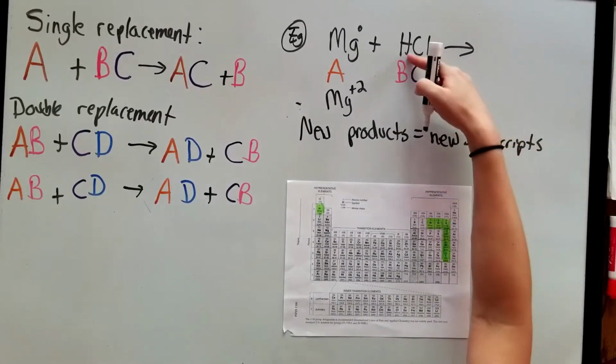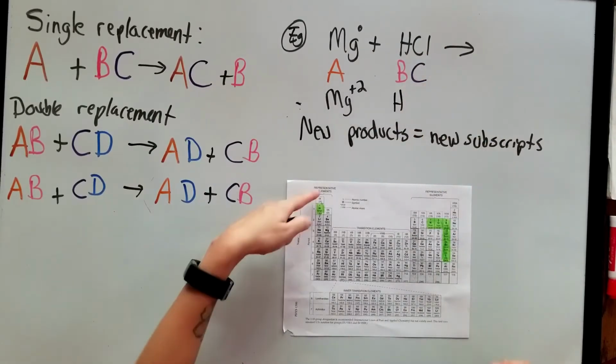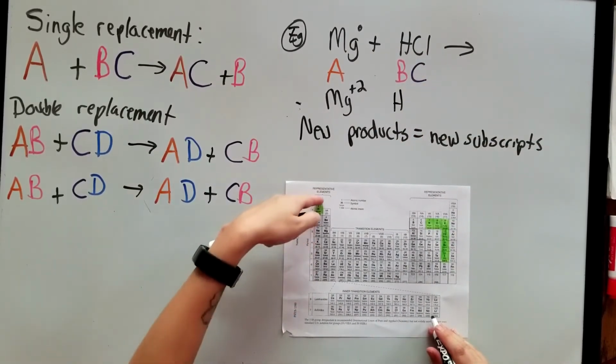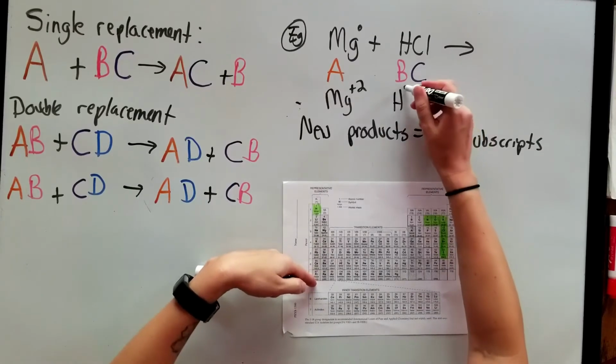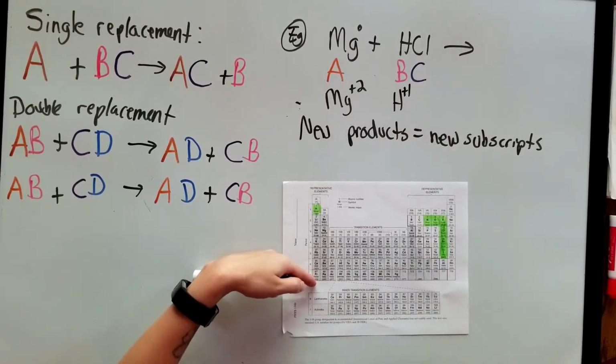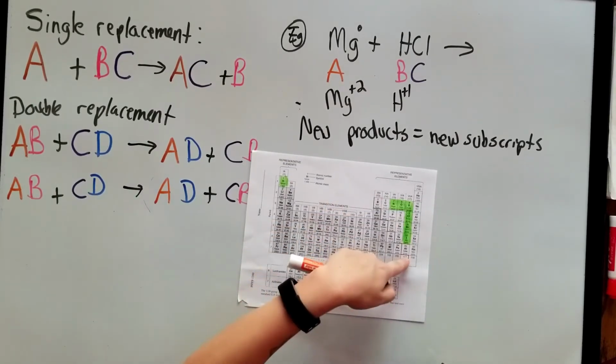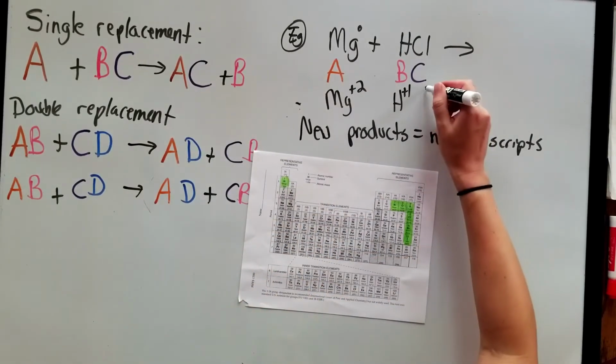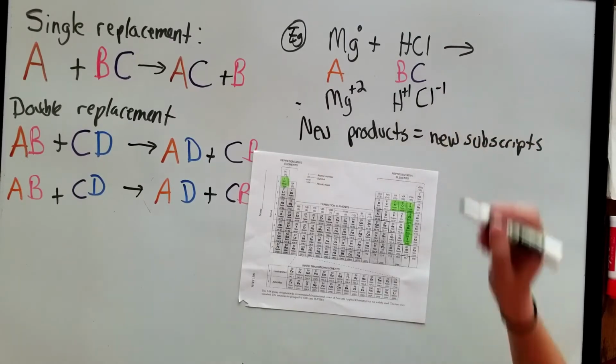Now let's look at hydrogen. It's in group 1. It's not a metal, but it's still +1 like all the other elements in group 1. Now finding chlorine, it's a halogen in group 17, so it is going to be a -1.